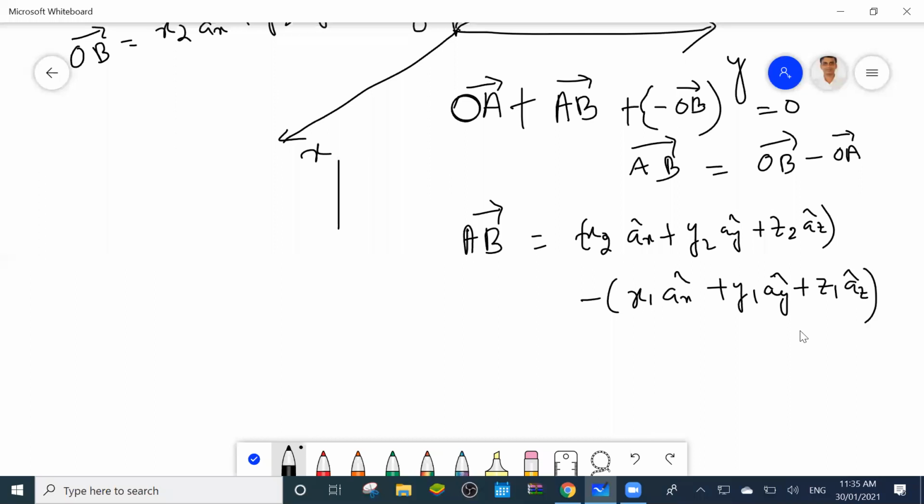So the corresponding component of x you have to subtract, the corresponding component of ay you have to subtract, and the corresponding component of az you have to subtract.